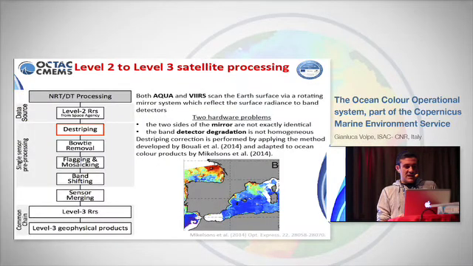Okay, let's move to the level 2 to level 3 satellite processing. The processing is made basically of 4 parts: the data download from space agencies, the single sensor pre-processing, which is very important, then the sensor merging, and the geophysical product retrieval.